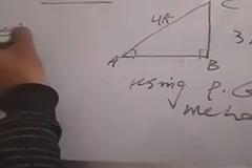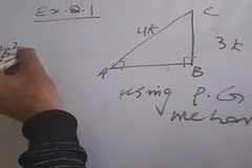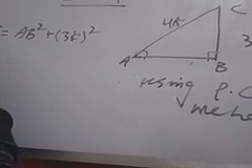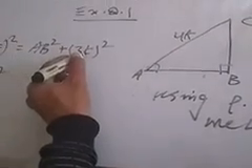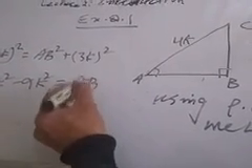Hypotenuse square, that means 4k whole square, equal to base square, AB square, plus perpendicular square, BC square, that means 3k whole square. So 16k square, and 3 square 9k square, transferred to the left side, that will be minus 9k square equal to AB square.